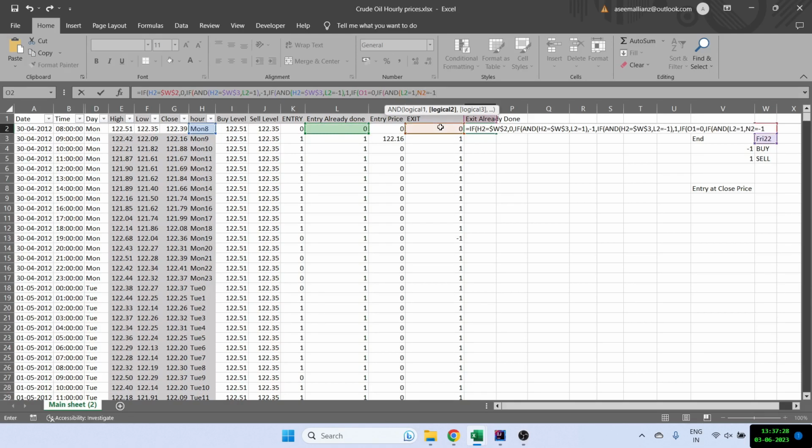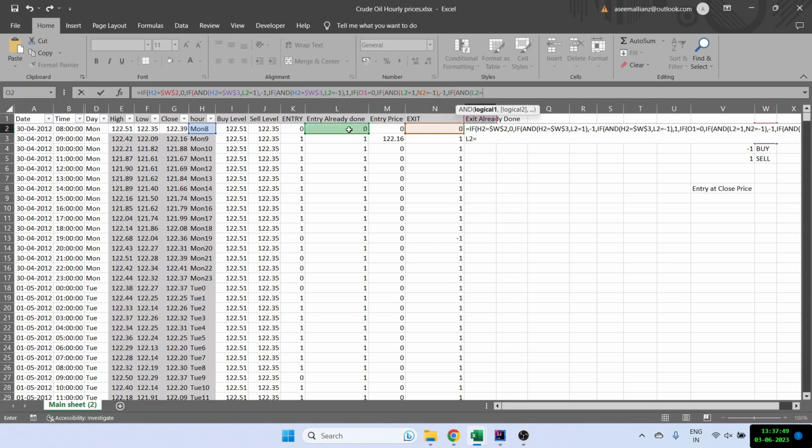So basically what I'm trying to do is if I've not yet taken the exit and I was already in a sell trade and the current is I'm getting a buying trade, so obviously I have to take an exit, so it will be -1. And similarly, I'll do the other way around also now.